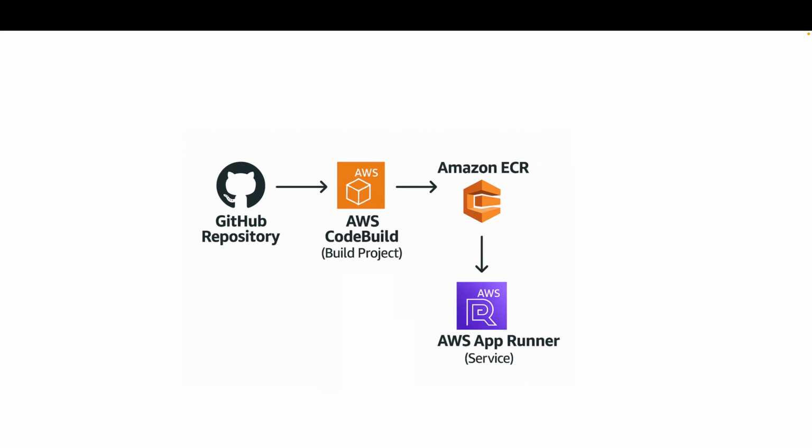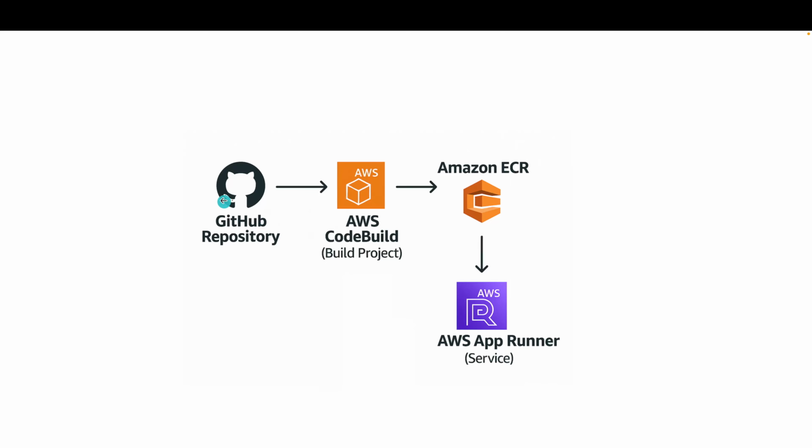Through ECR it will automatically push or deploy that container to the actual App Runner. So it's quite a simplified, handy, small application. A small CI/CD concept is there also.